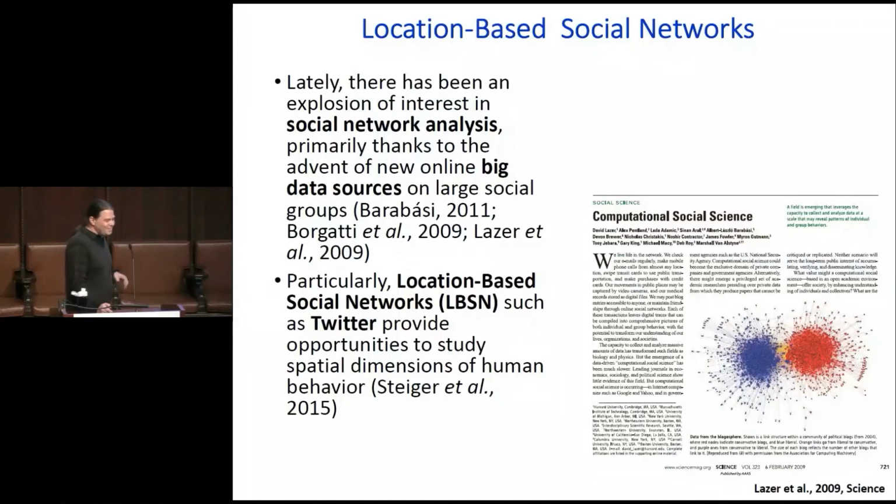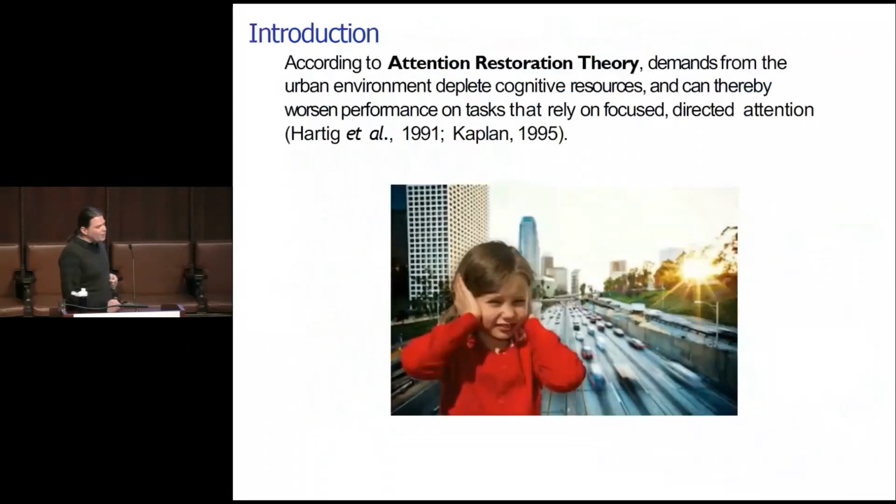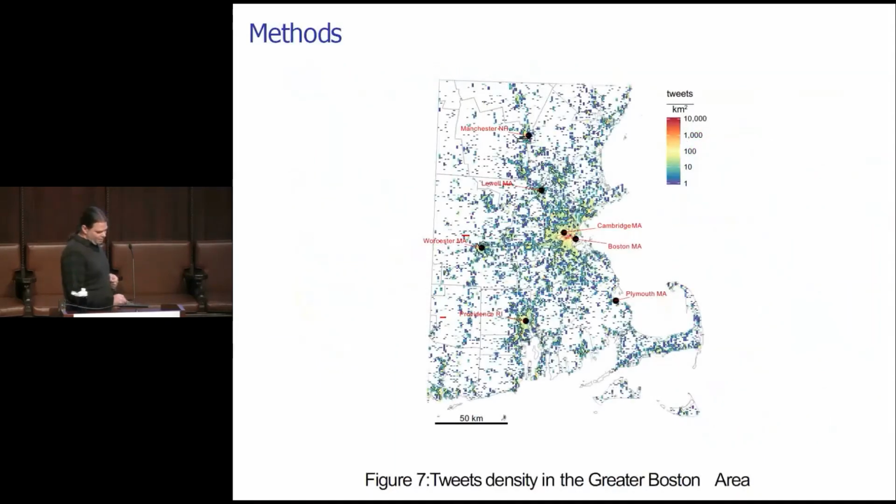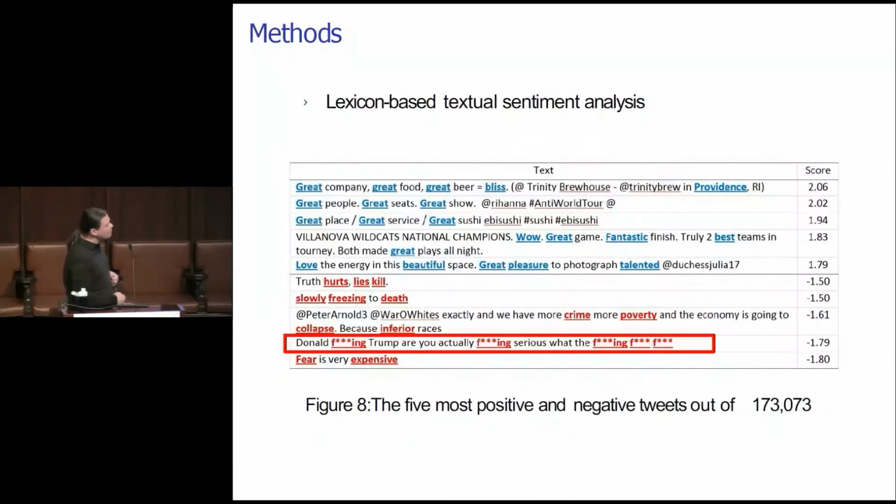And lastly, before I'm kicked off the stage, we do a lot of location-based social network data. We've been mining Twitter and Flickr data for years now, and we've been using it in different studies. We've been scraping using the Twitter API. This is an example of tweets and density of tweets around Boston. And we're using established dictionaries to get at sentiment scores based on the tweets after we have cleaned the data, leaving only geolocated data.